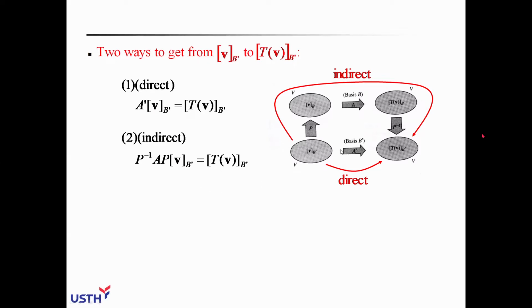And because we go this way and we go that way, the results are the same. So we can conclude that we have A prime equals P inverse multiplied by A multiplied by P.